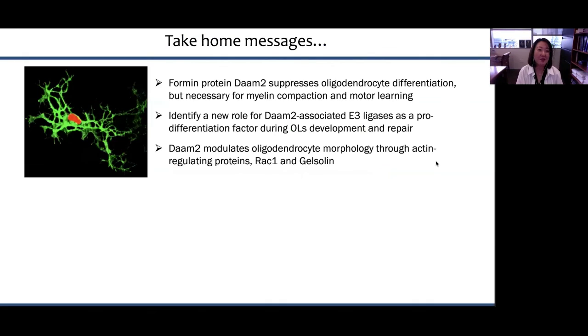So I hope I can leave some take-home message today for oligodendrocyte development and repair. I shared with you one gene called DEM2, how we study this gene's function using genetic mouse models, in vitro culture, and biochemical studies. We mainly focus on downstream study, but currently the lab is working on the upstream regulator using post-translational modification pathway methods.